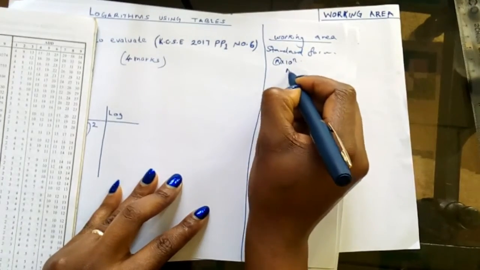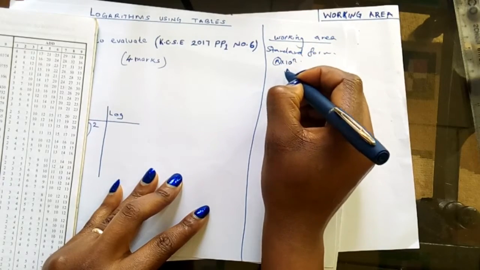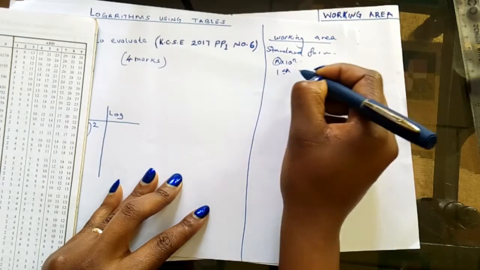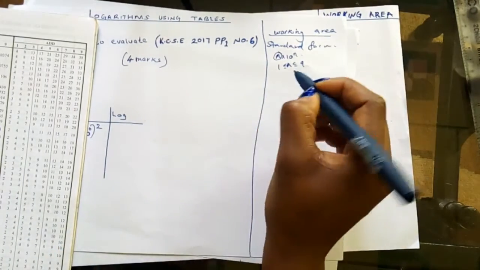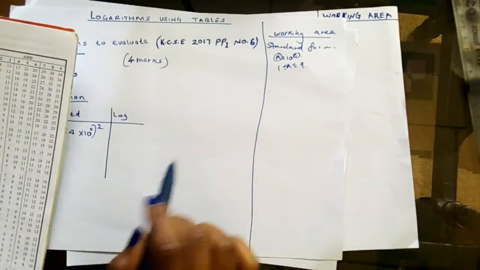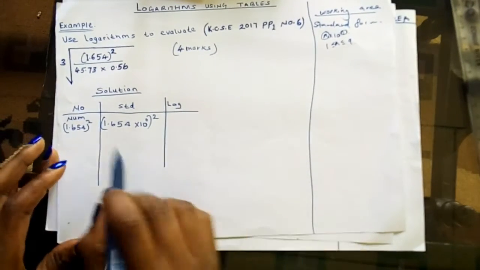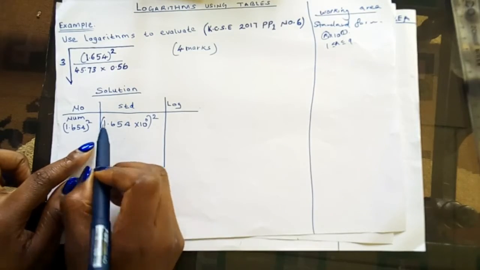That means a should be greater than or equal to 1 and less than 9. So you make sure it is of this form, and this power n can take any value. Our number was already in standard form.